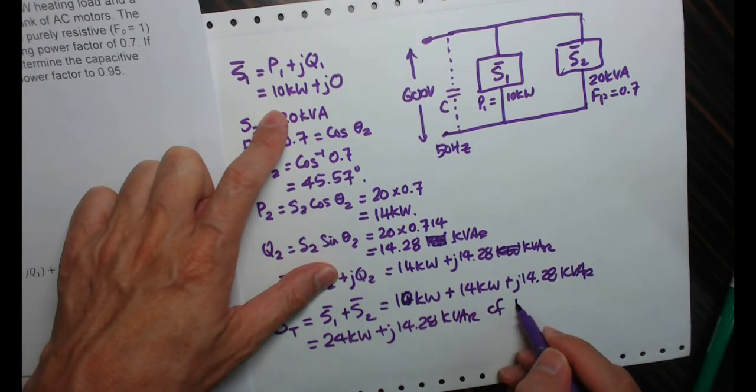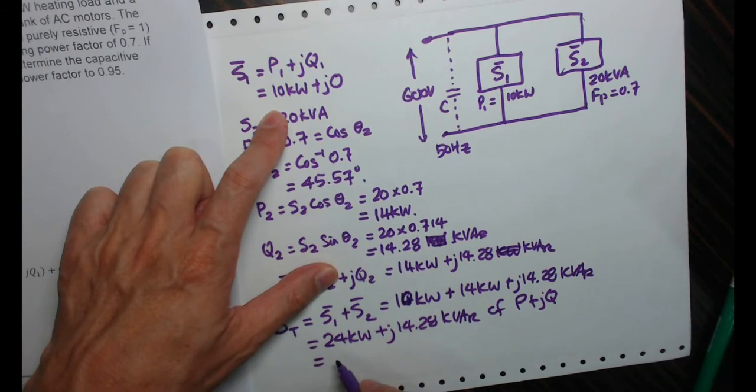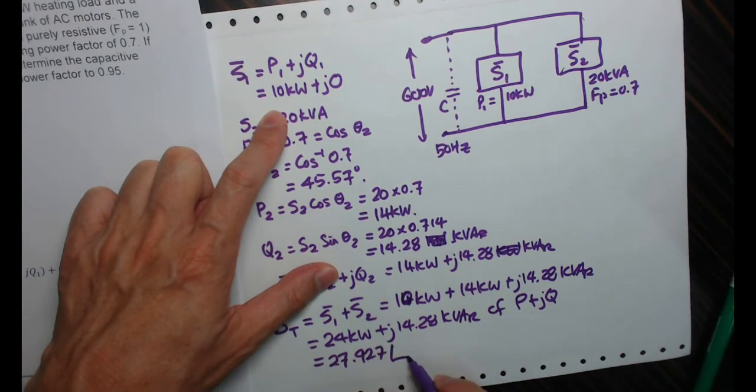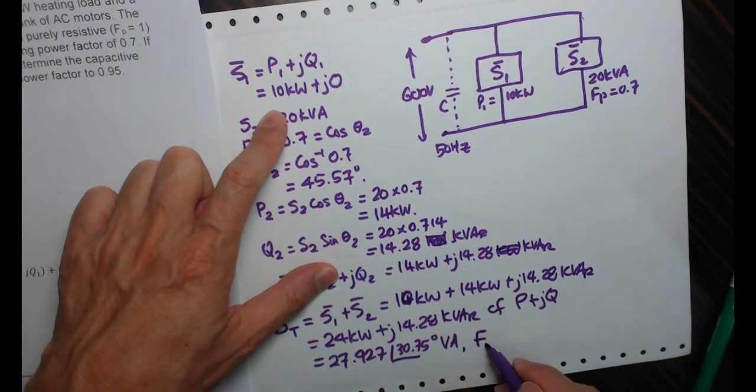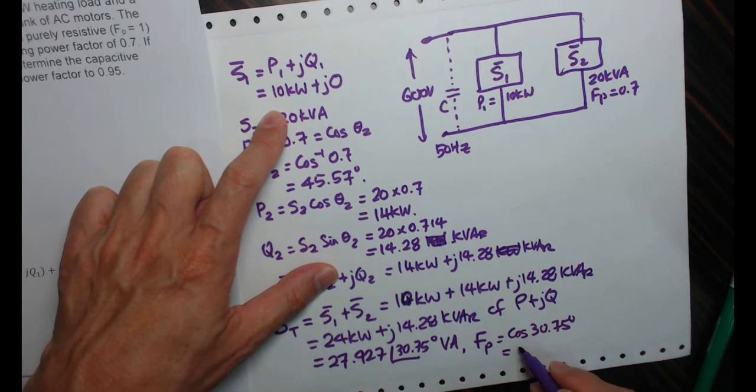Compare this with P plus jQ. Or we can write it in the polar form, 27.927 at an angle of 30.75 degrees VA. So in other words, the overall power factor is cosine 30.75 degrees, which is 0.859.